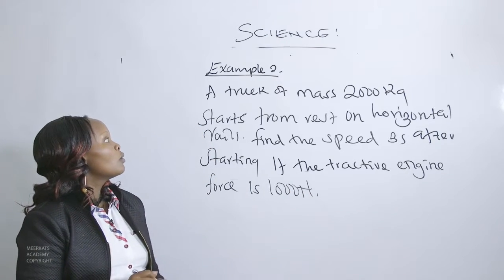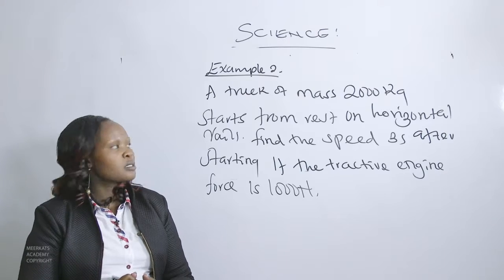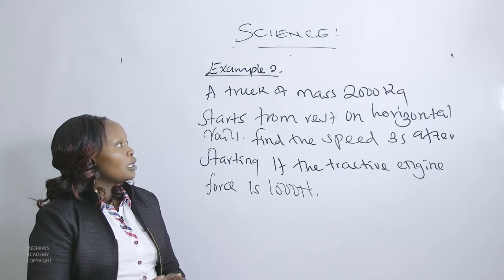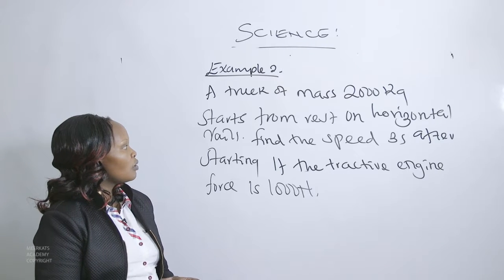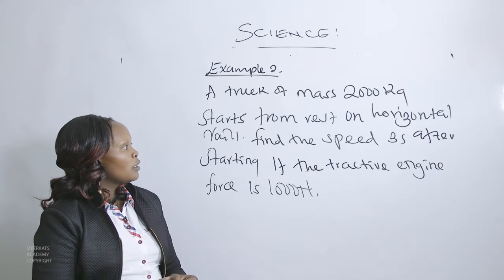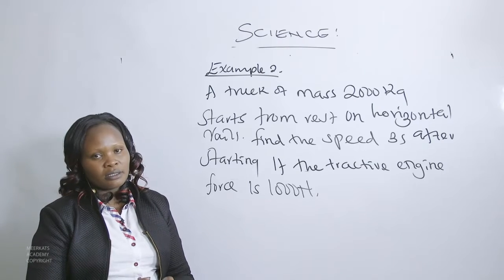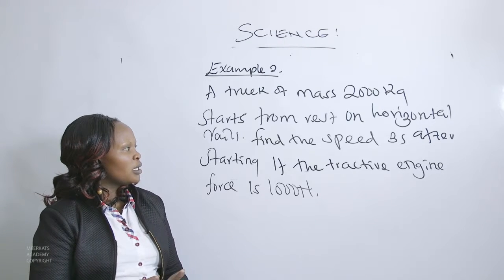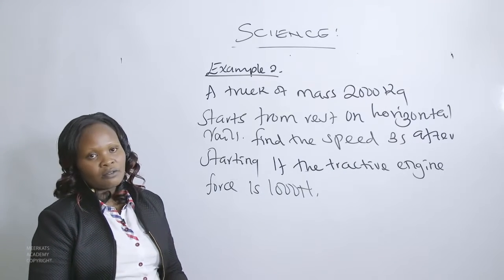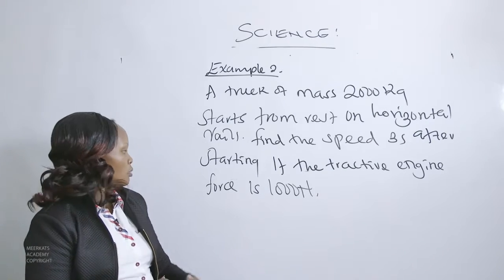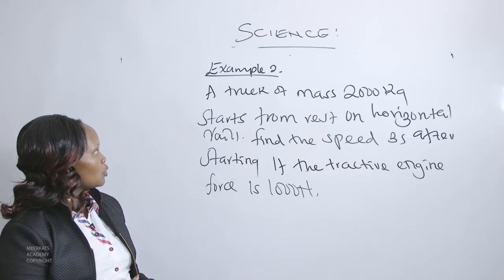Now, the question reads, a truck of mass 2,000 kilograms starts from rest on a horizontal rail. Find the speed 3 seconds after starting if the tractive engine force is 1,000 newtons.